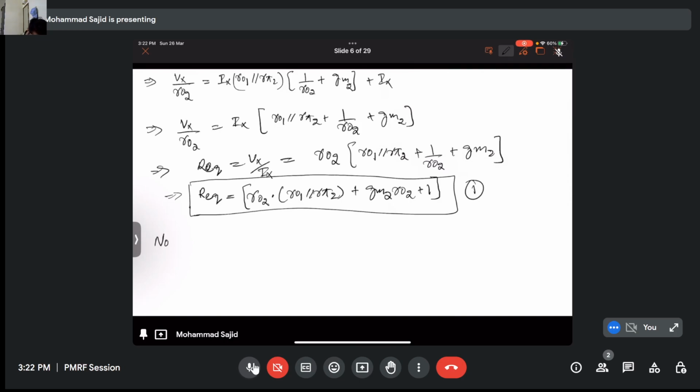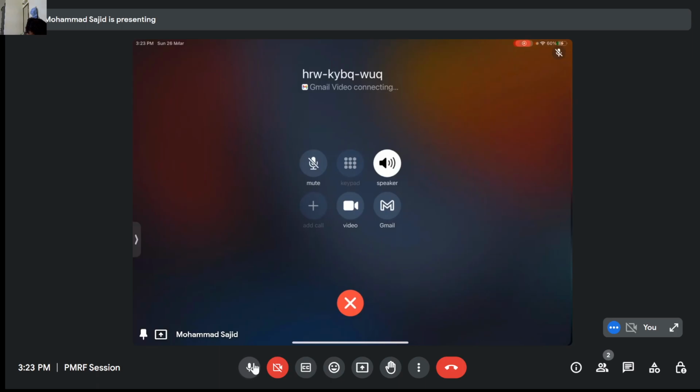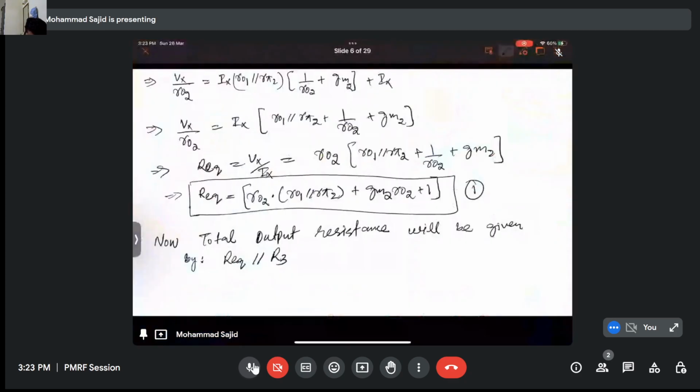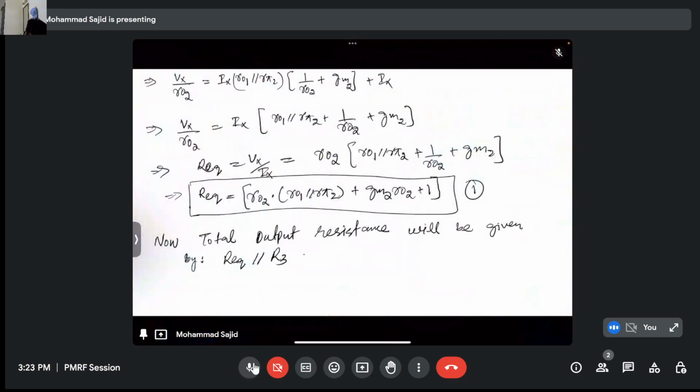And now the total output resistance will be given by R equivalent parallel R3. Okay, so this is your total Rout.